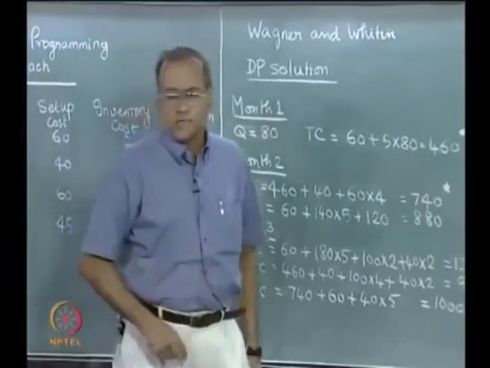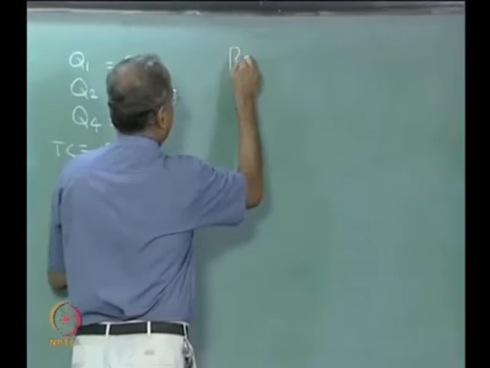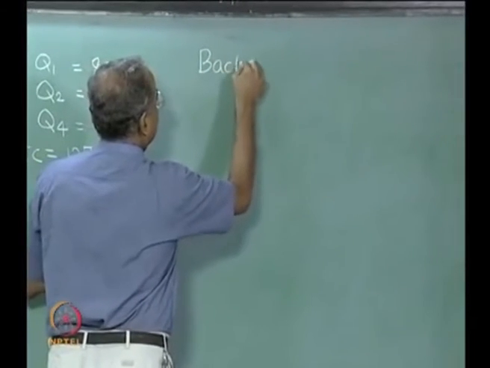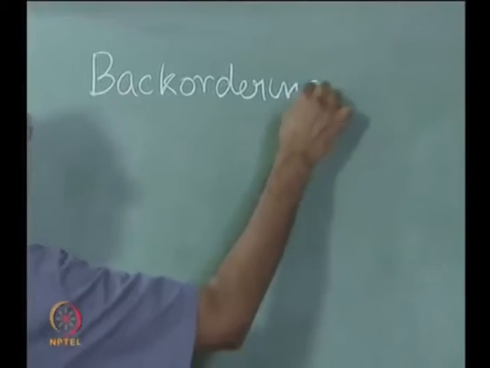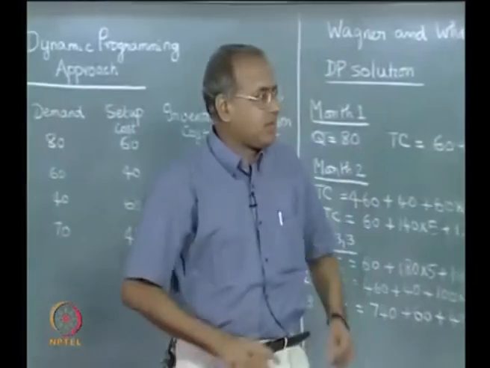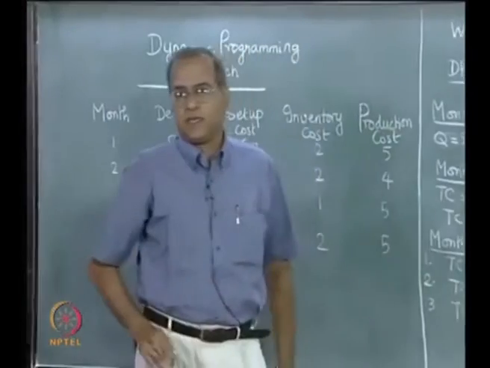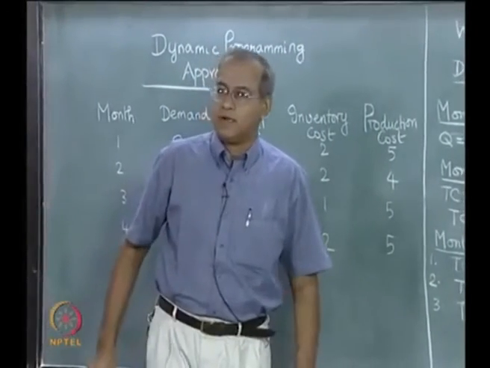Then comes the next question: do we allow back ordering into the Wagner-Whitin solution? So, we also address the back order problem. The problem gets a little more involved when we consider back order. So, for example, how can we consider back order?